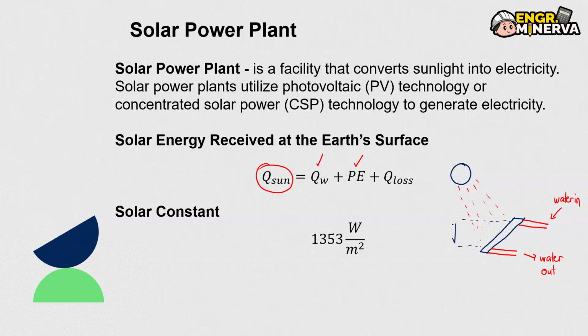This change in height contributes to our potential energy. The formula for your potential energy would be mgh. And plus the losses on our solar power plant. If the Q of the sun is not given, we are using 1353 watts per square meter. But usually in our problems, it is given.